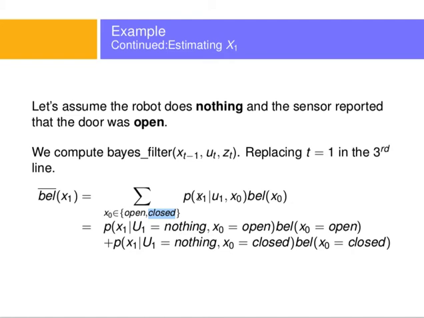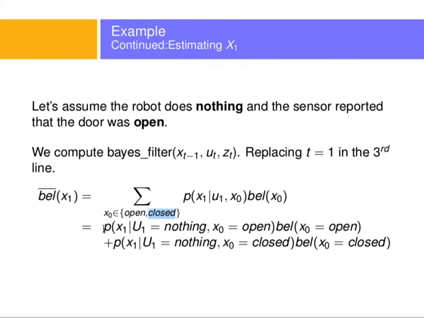What's the probability that the door now is open, if the door before was open, and what's my belief the door was open? And the same thing then with the door closed, and then I add those two values.